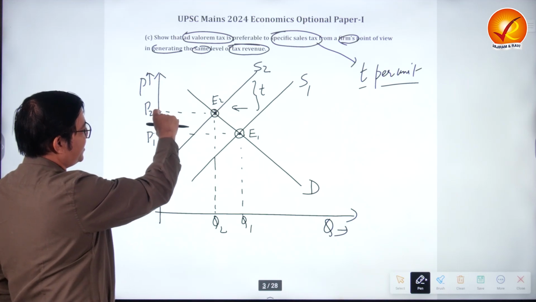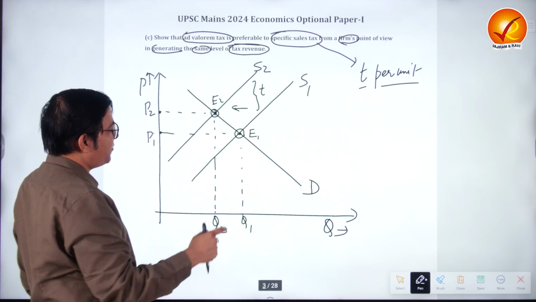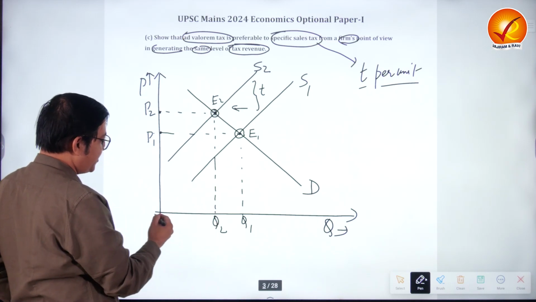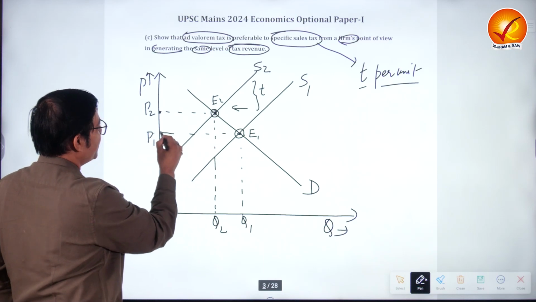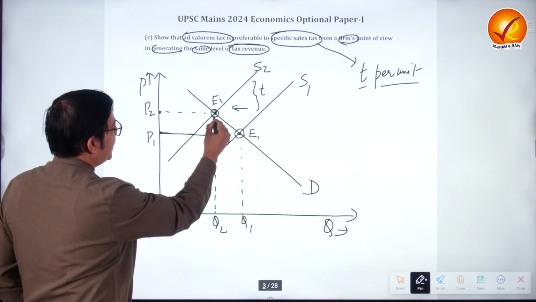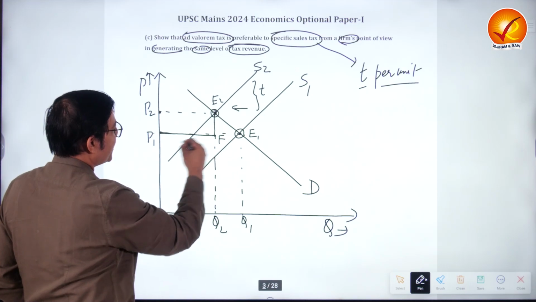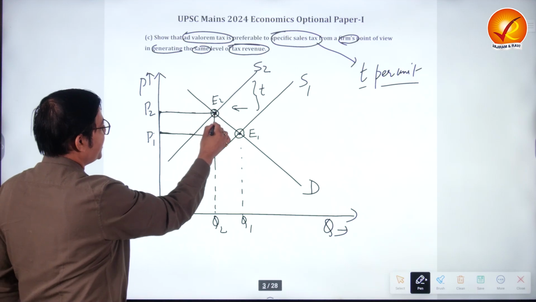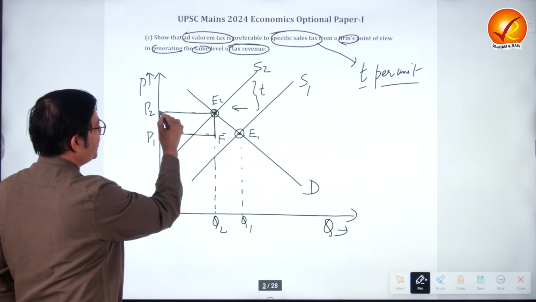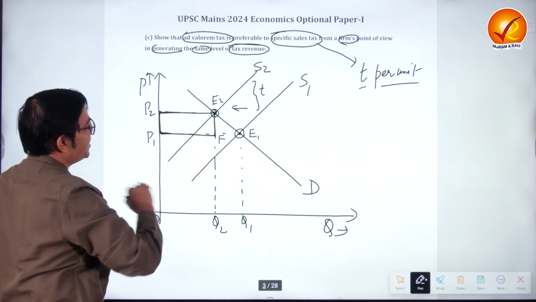So the difference in price is P2 minus P1, and how many units are being sold? Q2. Let's call it O for origin. So OQ2, or this much, is being sold. Let's give this point a name again, call it F. So in this case, the tax revenue which has been generated is equal to the area of this quadrilateral, or you can just say rectangle.